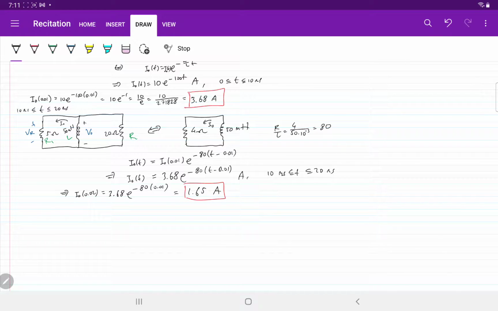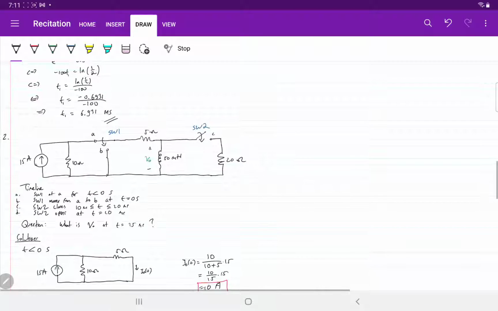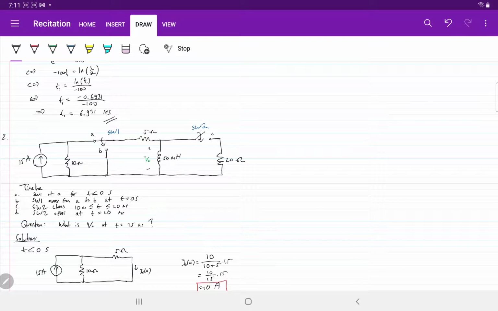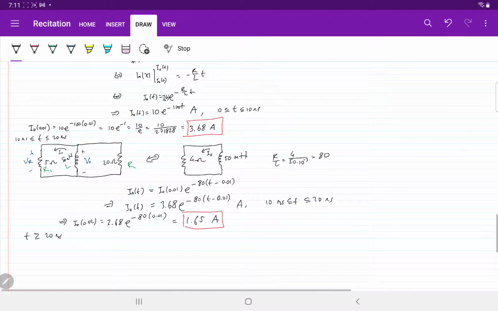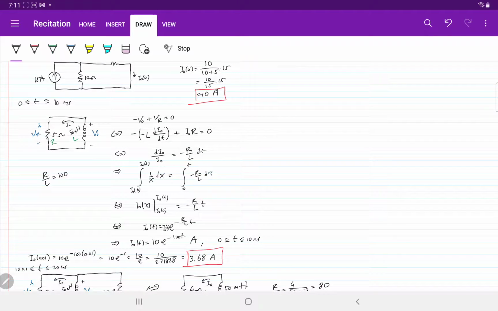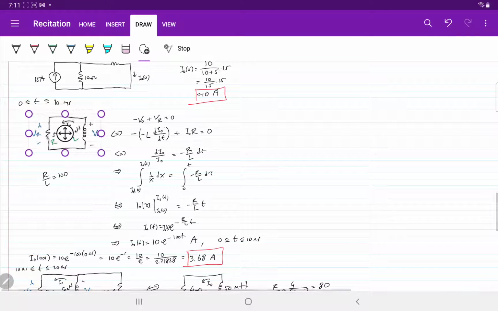Okay, last time, so when t is greater than 20, the switch number 2 is opened, and we are left with this circuit again. So let me copy it.